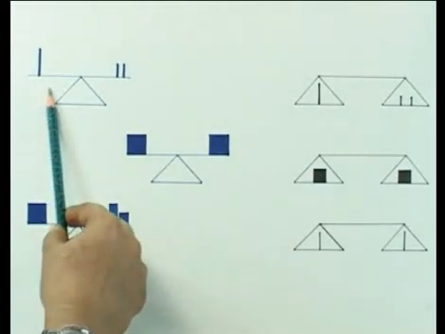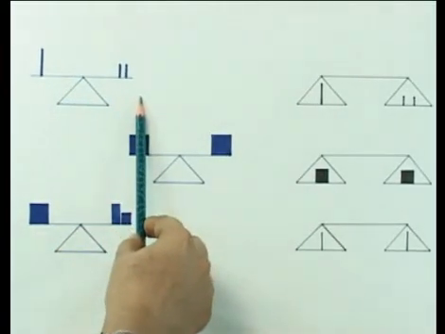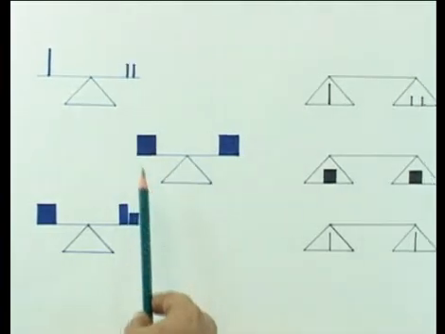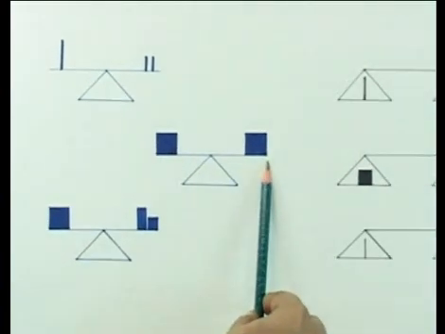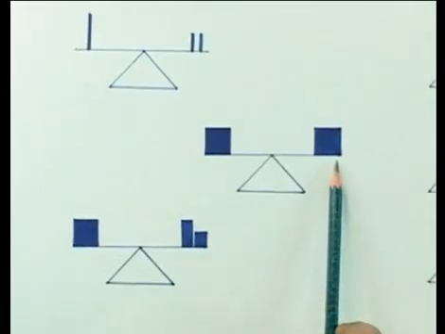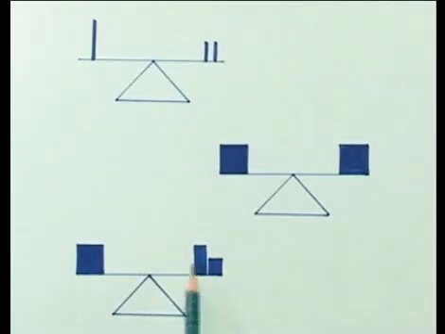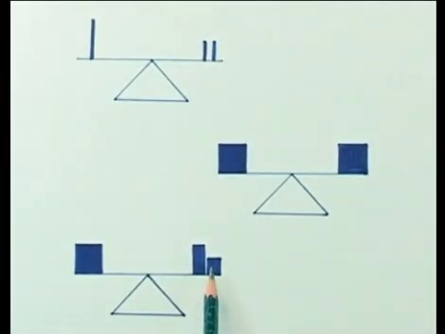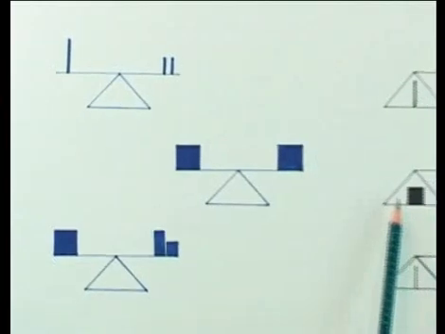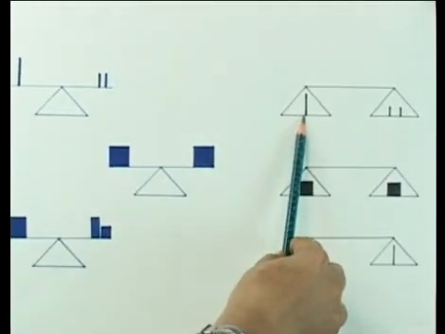Whenever balance is considered horizontally, that is, about the horizontal axis, it is called horizontal balance. Further, it may be symmetrical or asymmetrical.